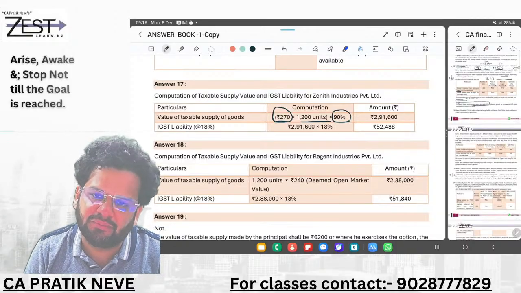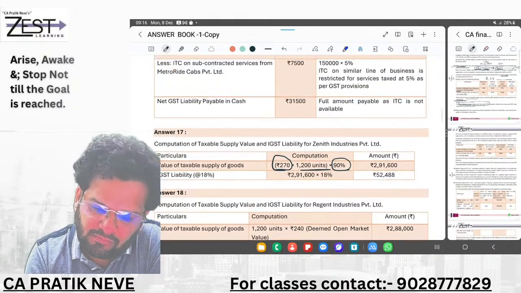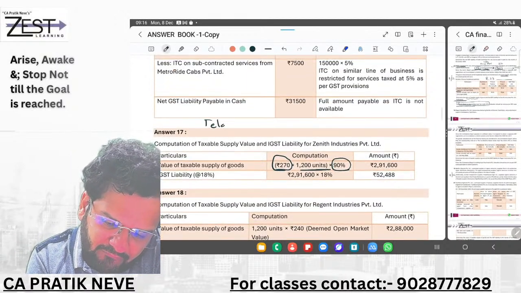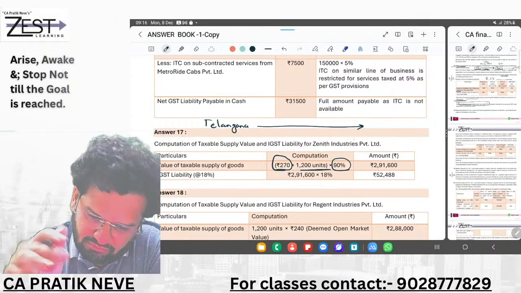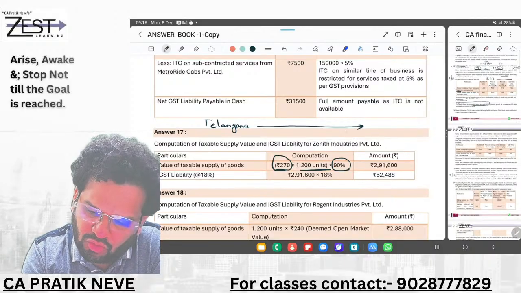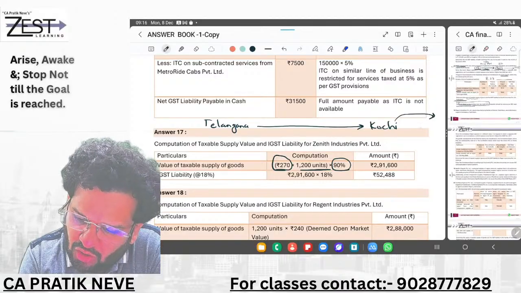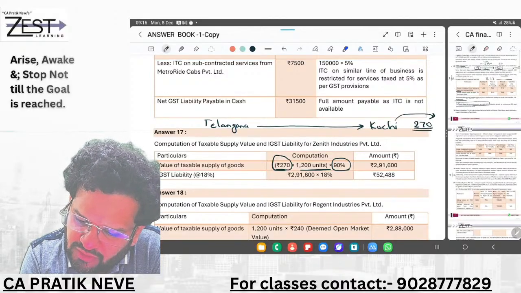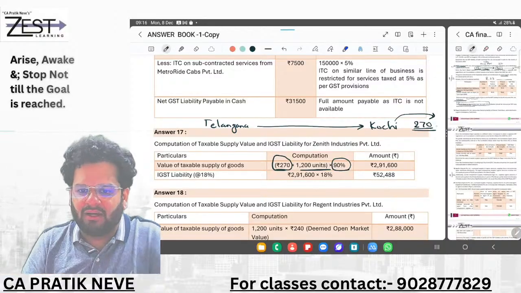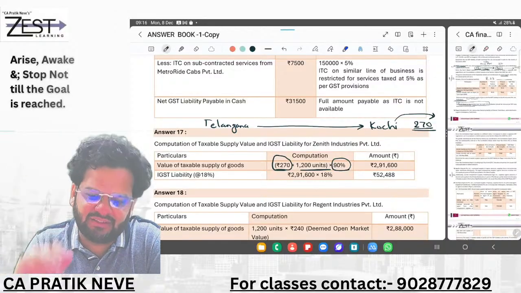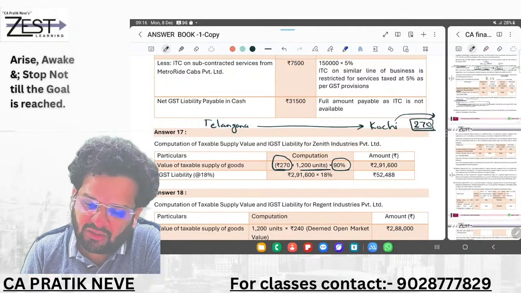Because the Telangana unit was transferring the goods to Kochi, and from Kochi the goods were sold at 270.